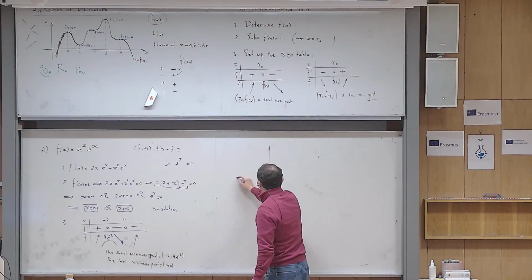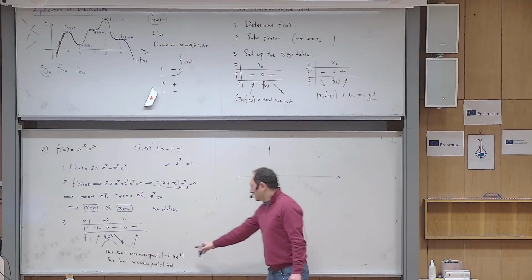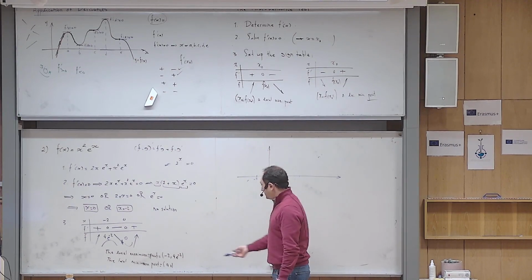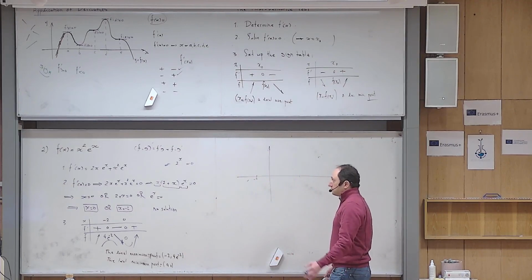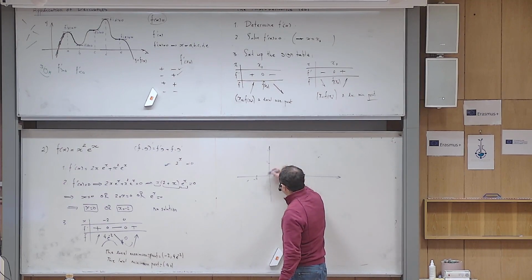As usual, I will highlight those important points. Minus 2 is here. And this number, I don't even know what that is, but it's 4 divided by 6, so it's smaller than 1. So if this is 1, that number is smaller than 1.